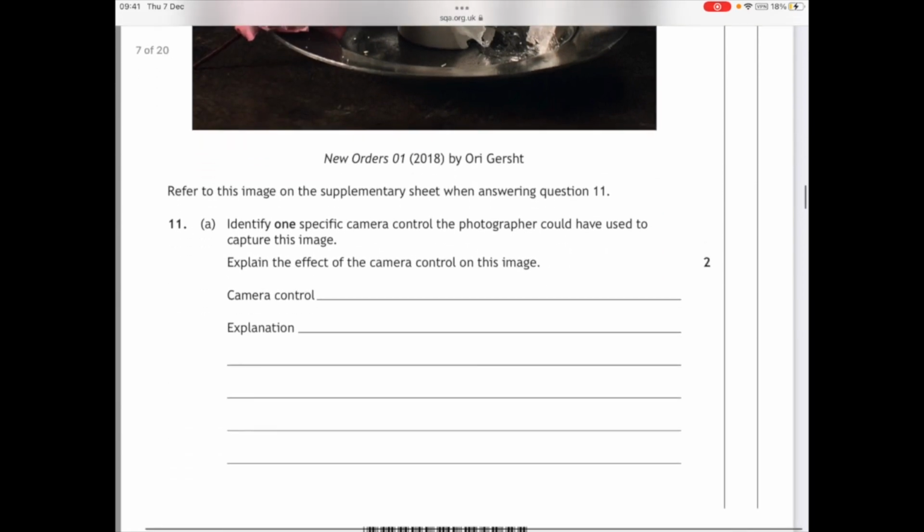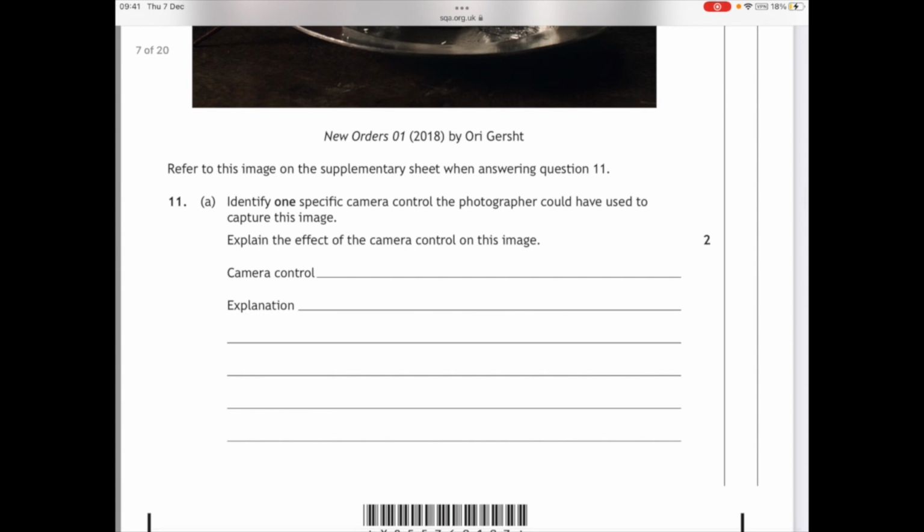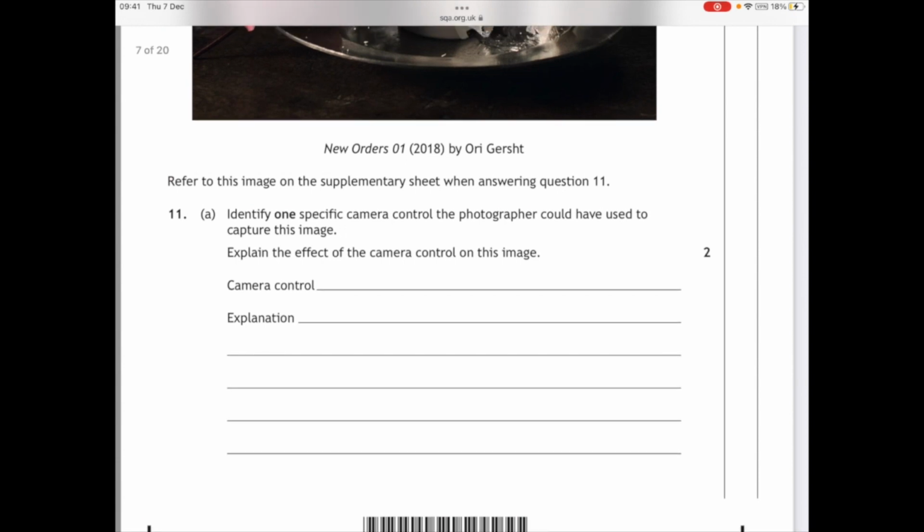So if you want to take a little bit of time just now to answer the question and then see how you get on, you can. I think with these questions what's probably best to do is try and answer it and then pause the video, and then I will go through an explanation. So if you just pause now, do the answer, and then I'll do a bit of a walkthrough.